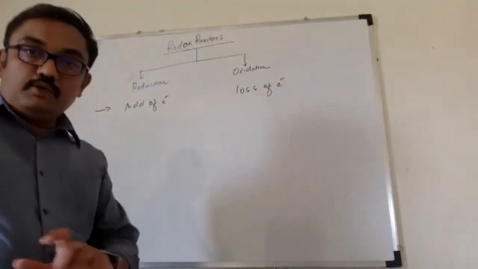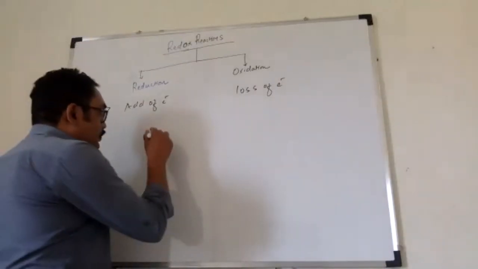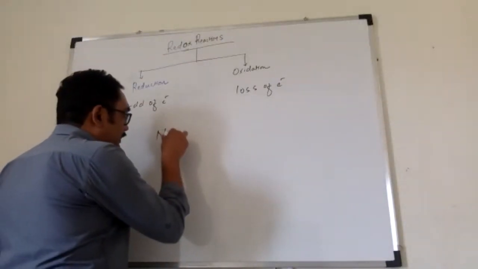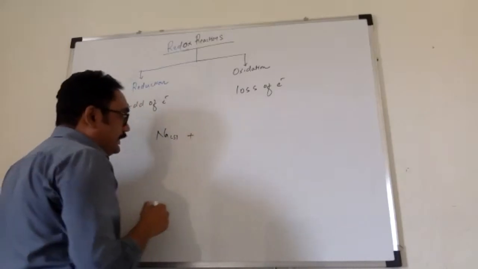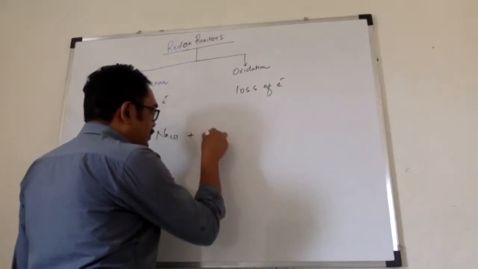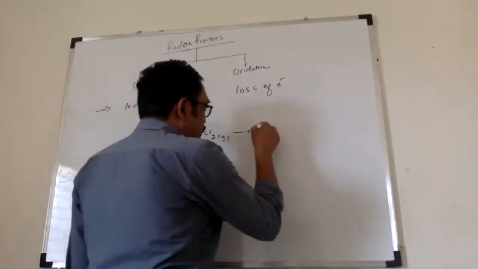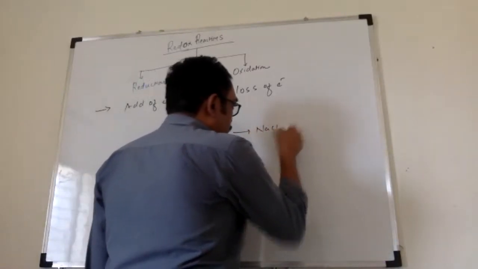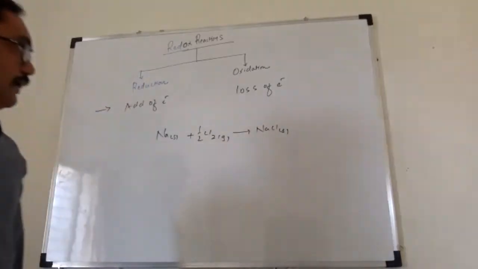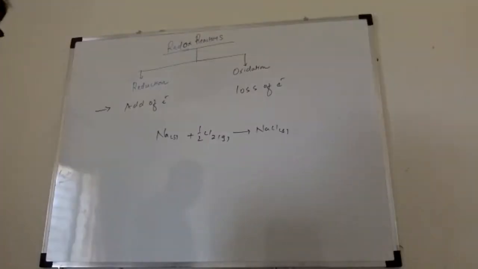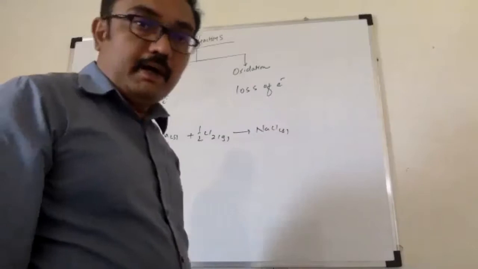You all know sodium chloride. Sodium chloride is formed by the reaction of Na solid and chlorine gas. When these two react, they form sodium chloride, NaCl solid. Now NaCl solid is an ionic compound.